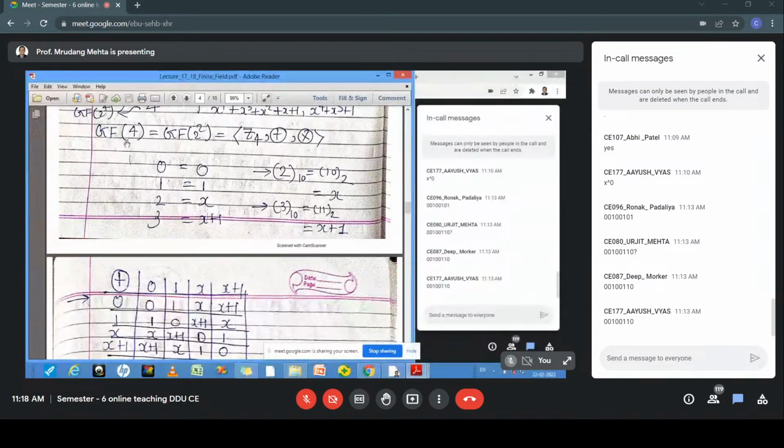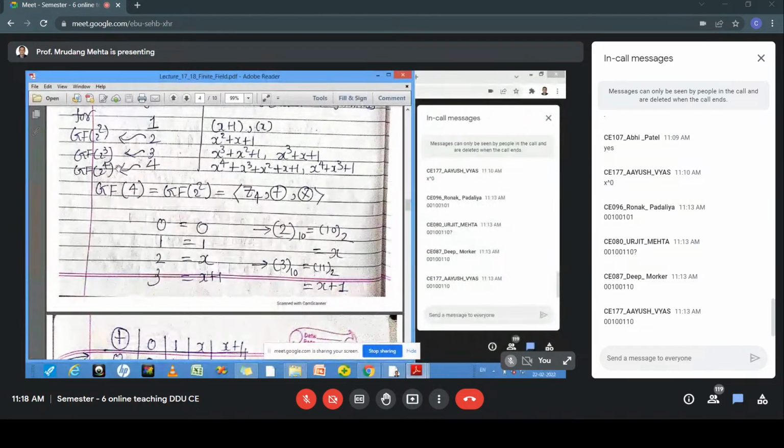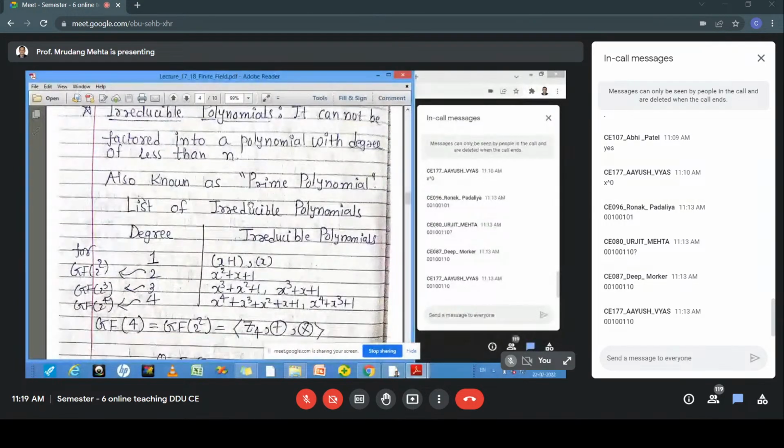So GF of 4, that is 2 raised to 2, right? So it has Z4. Z4 means how many elements? Which elements are there in Z4? Yes, you have studied this in the first week itself.